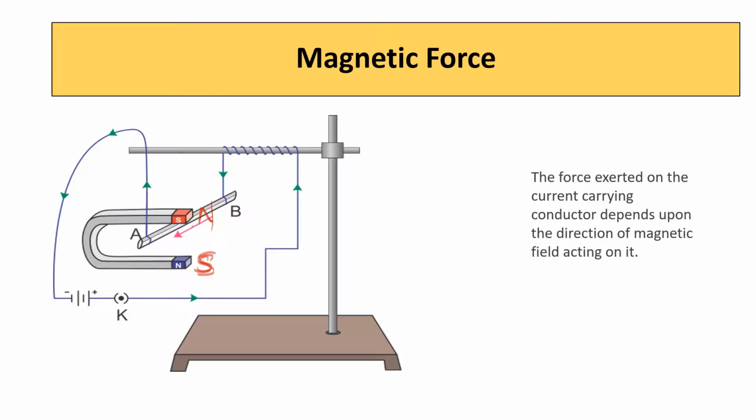In that case, the magnetic field lines will be in this direction. When the magnetic field is reversed, the force on this conductor also gets reversed. The force exerted on the current carrying conductor depends upon the direction of the magnetic field acting on it.